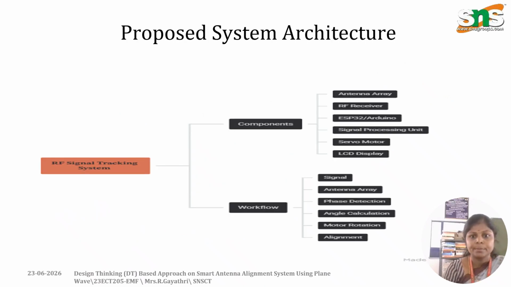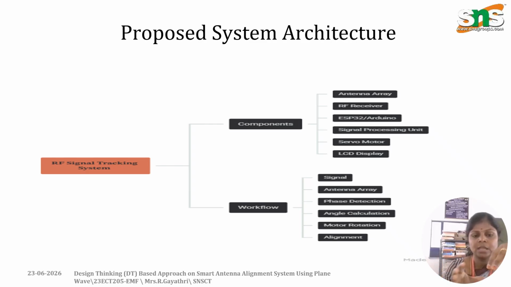Coming to the proposed system architecture of the smart antenna alignment system, we use an antenna array, RF receiver, RF transmitter, an Arduino board, a signal processing unit, a servo motor, and LCD displays to monitor the tracking of these components. In the workflow of this tracking, we transmit the signal and it is sent to the antenna array.